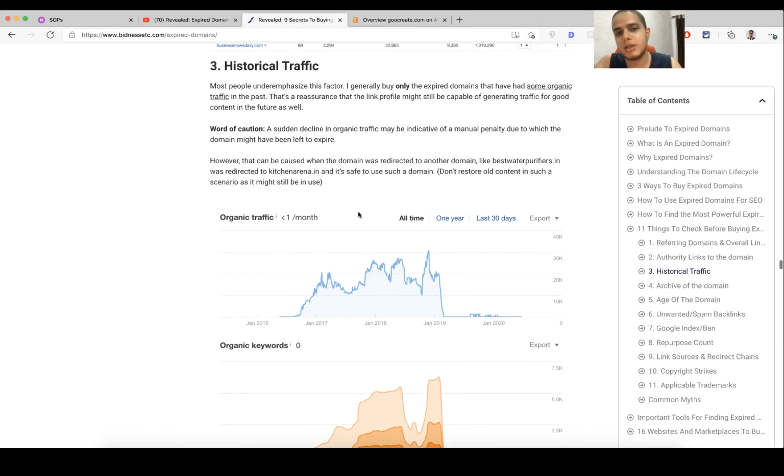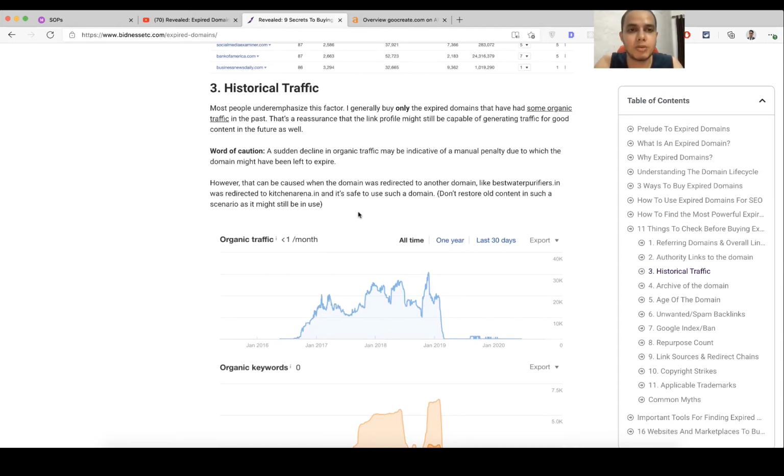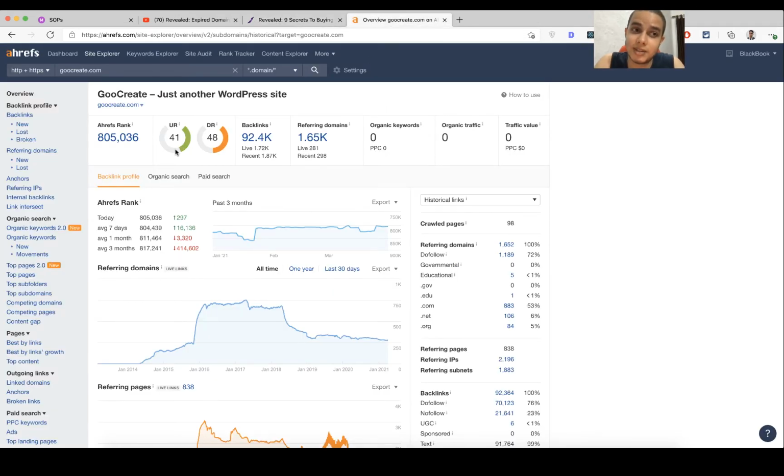Another important thing to check when buying expired domains is whether it has historical traffic or not. Historical traffic reinforces the fact that this domain's link profile used to be really good, and it can give us very good organic traffic even in the future.